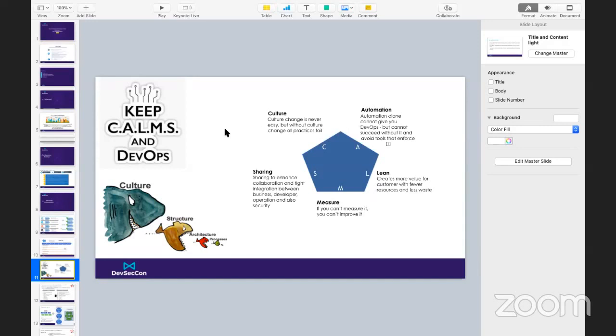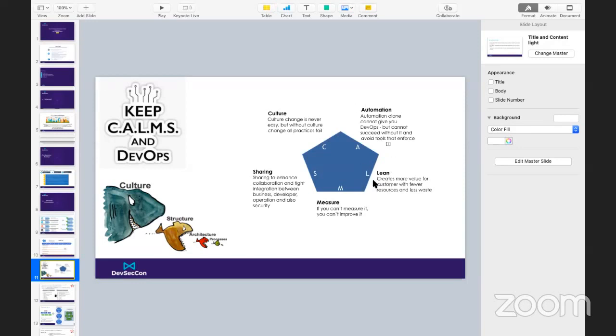In my previous slides about the roadmap, the first thing we do is create change and seek buy-in from management first. So we do not start from automation, we start from culture change.